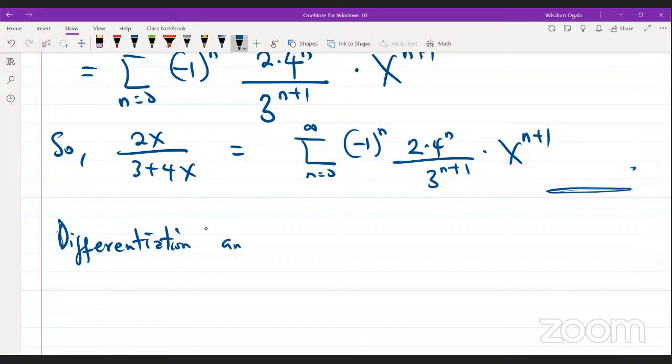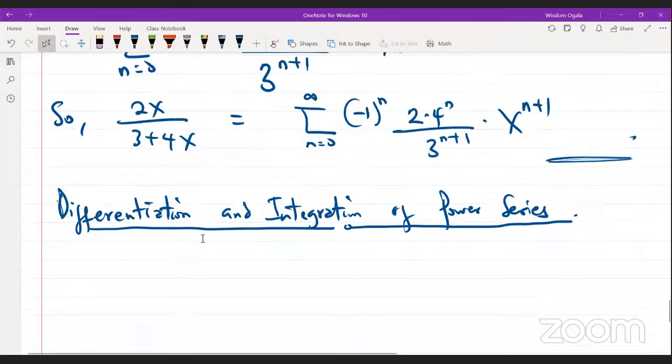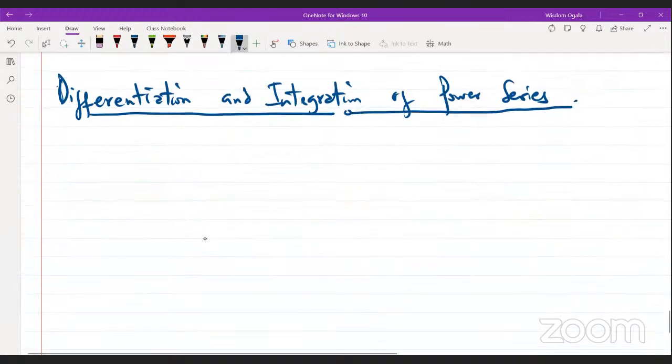So differentiation and integration of power series. Now, let me define, okay? The kind of integration we want to talk about here is term by term, okay?